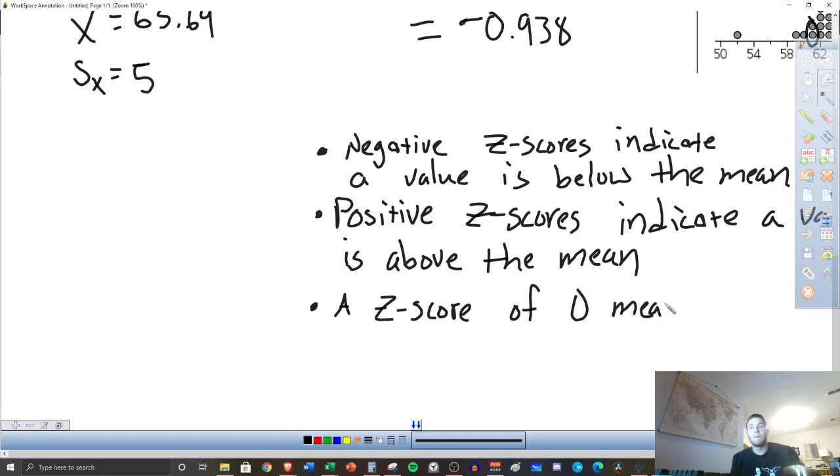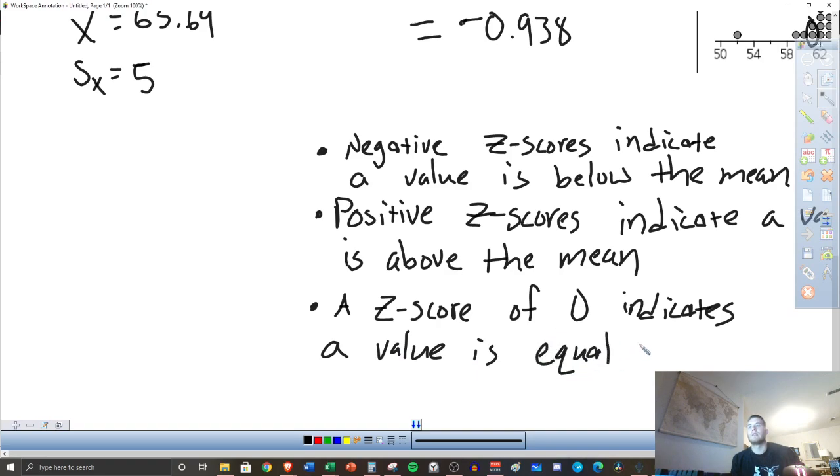A z-score of 0 indicates a value is equal to the mean.